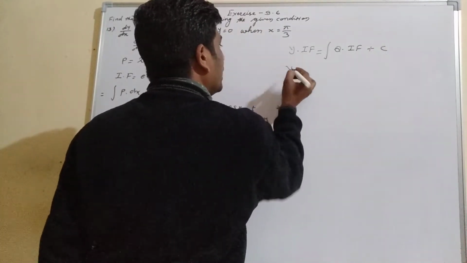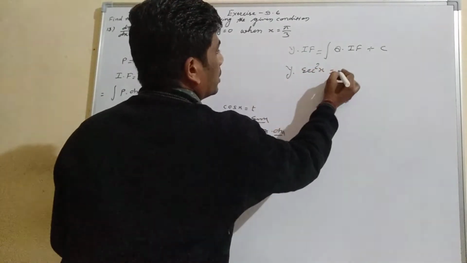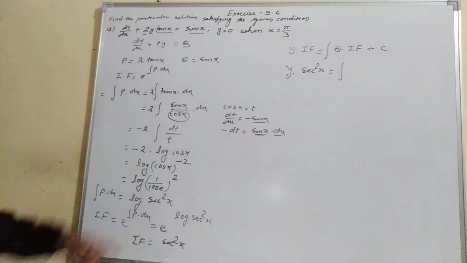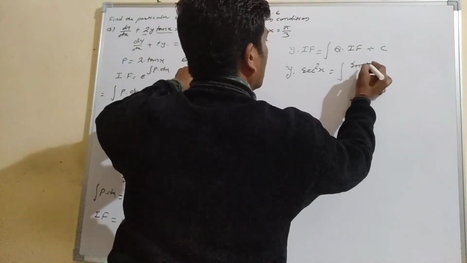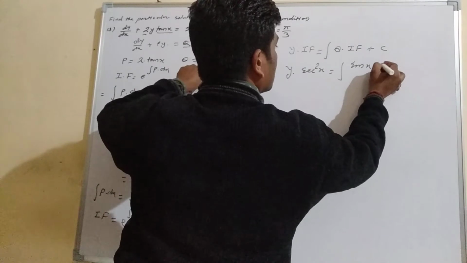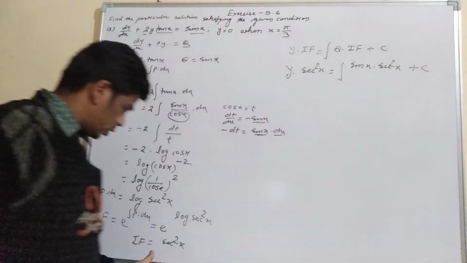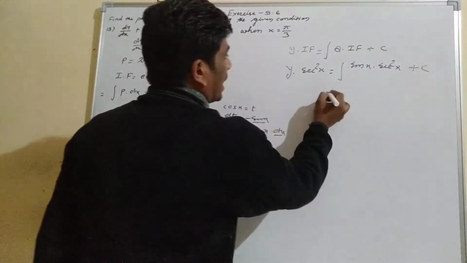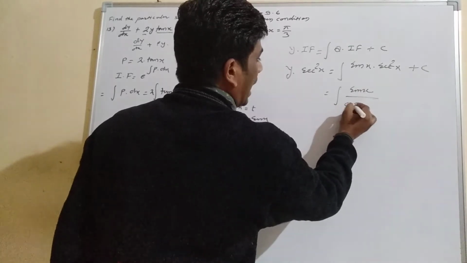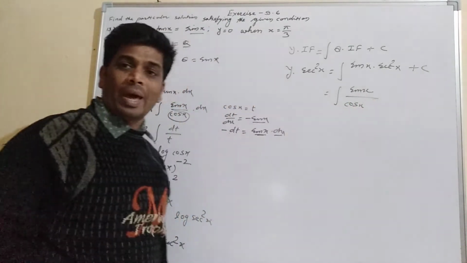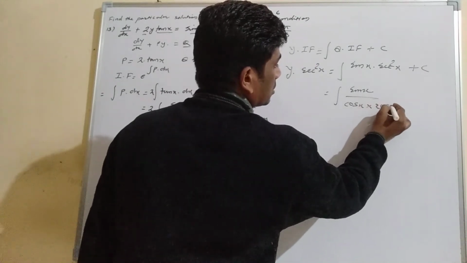So y into IF, you got sec square x, equals q, which is sin x, into this sec square x, plus c. Sec square x we can write as 1 upon cos square x, so cos square x we can write as cos x into cos x.